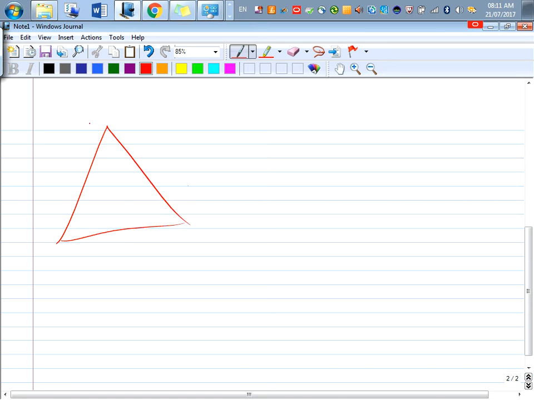Again, find the area of this triangle. Area of this triangle. How? Why you move your seat? Make sure you can see from there.